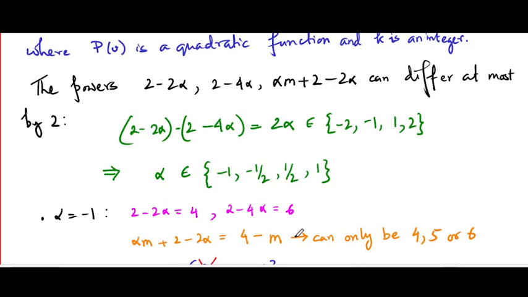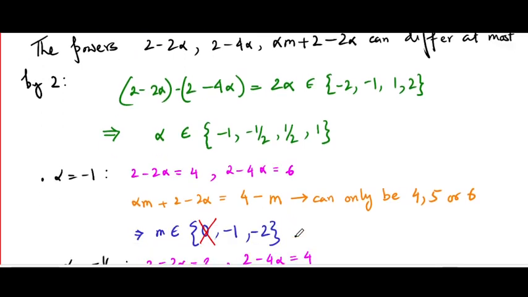Now the only possible values this can have are the powers between 4 and 6. So it could be 4, 5 or 6. Any one of these choices would give me a result which is v to the power 4 times a quadratic in v, which of course after you take the square root becomes v squared, an integer power of v, times the square root of a quadratic in v. That is exactly what you need to get a solution in terms of cosines and sines.